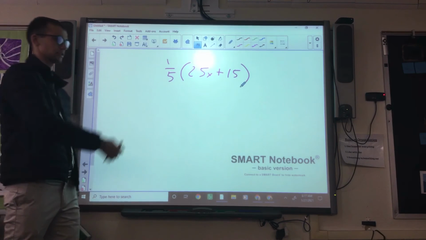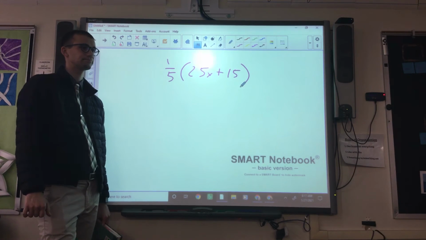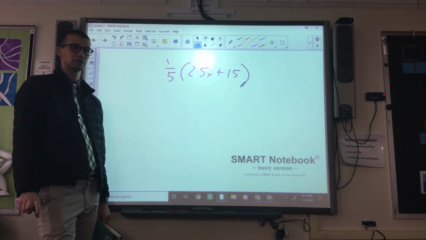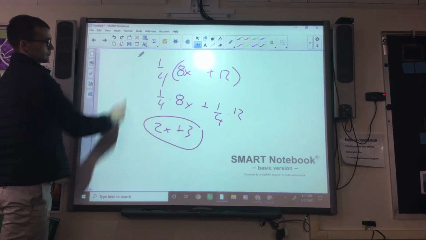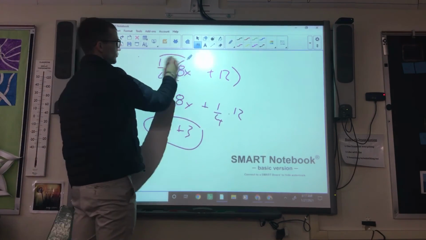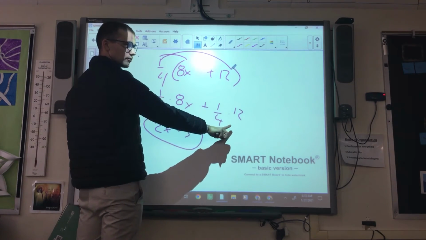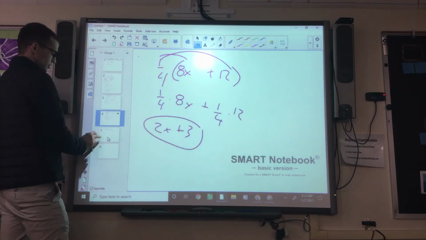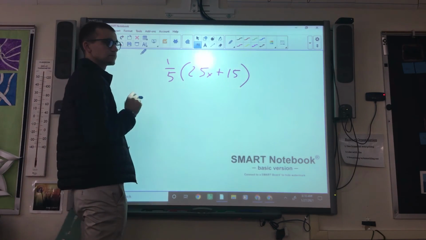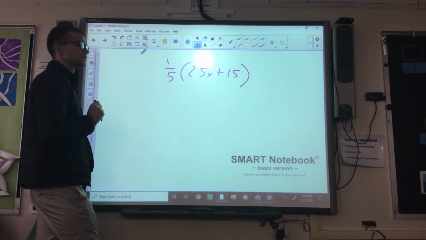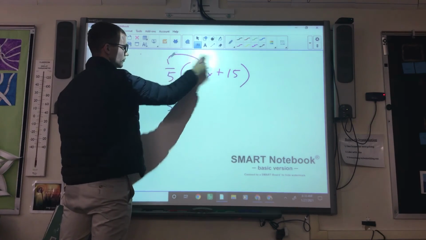The first step was I used the distributive property, doing multiplication, 1/4 times 8x and 1/4 times 12, and simplified them. So what's the first step here? 25x times 1/5. Distributive property.